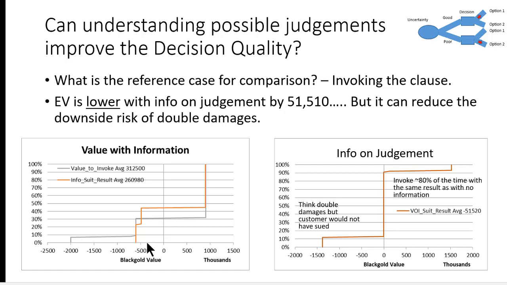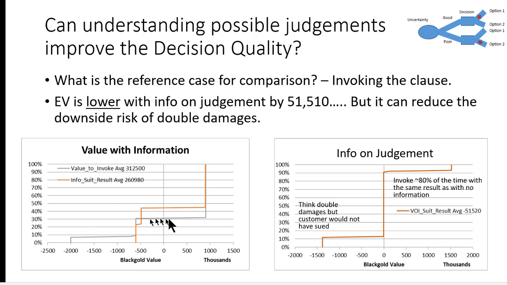The expected value is lower with information on judgment, by $51,000. If I invoke, I have a positive 312, but if I get information about the suit results, it's only 261,000. So that delta is equal to the 51,000 over here.